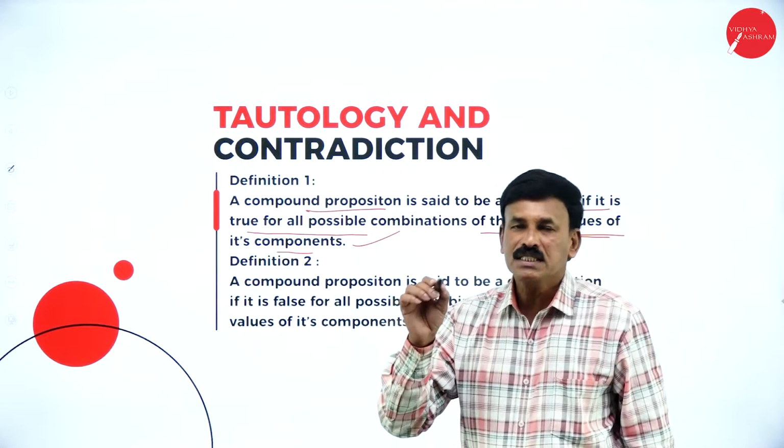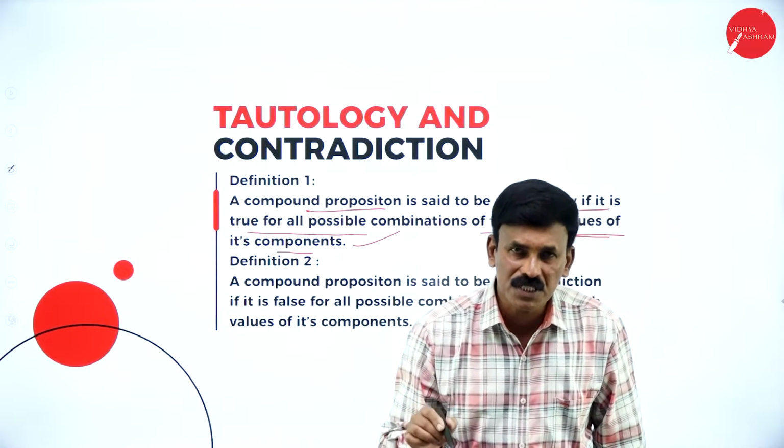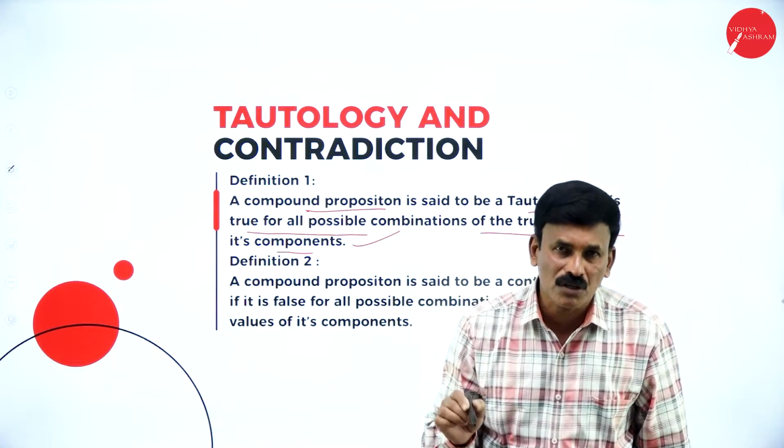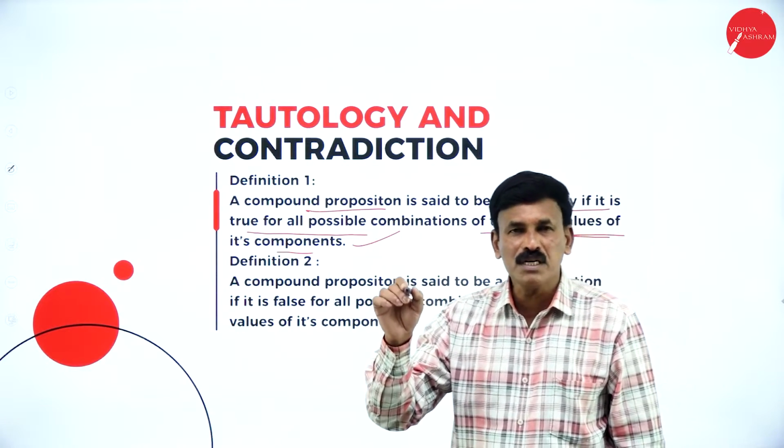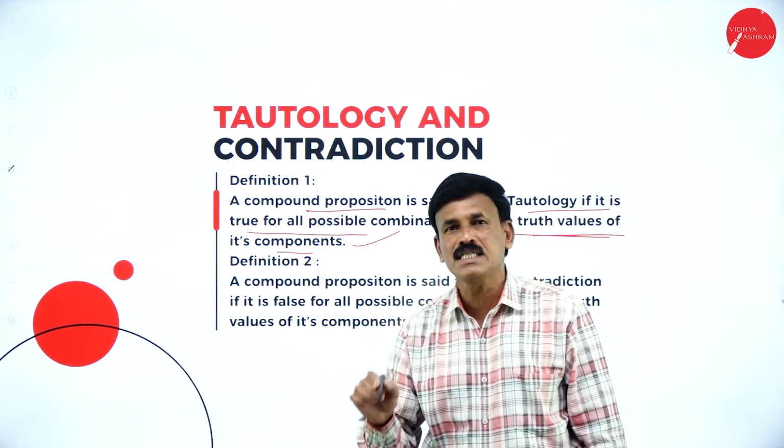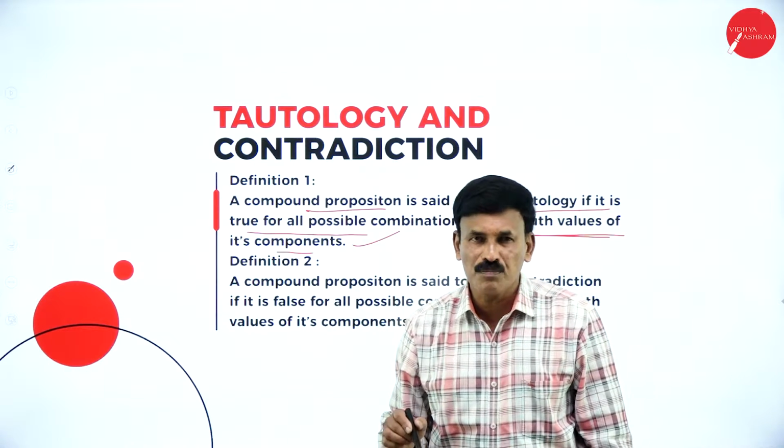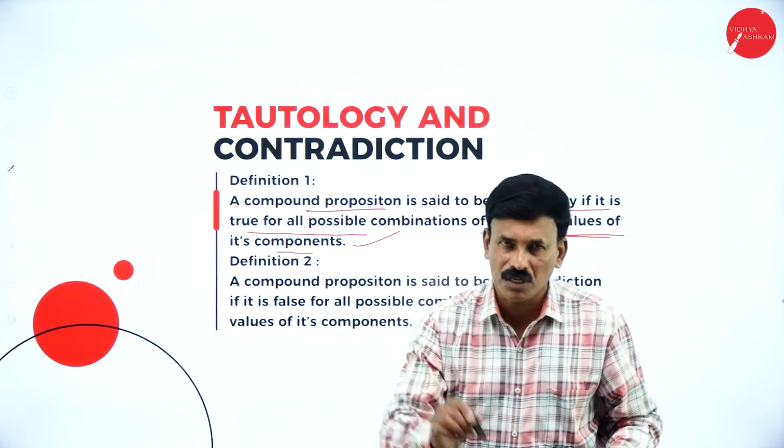So, if we get T at the end of the given statement, if all the elements in the last column contain T, then the given compound proposition is a tautology.